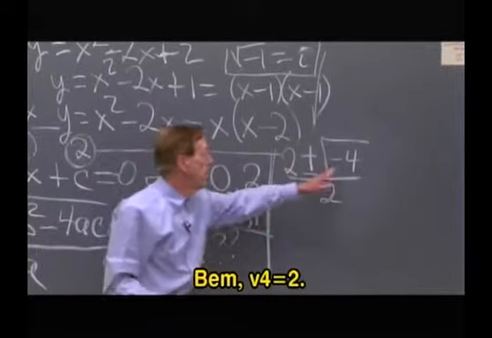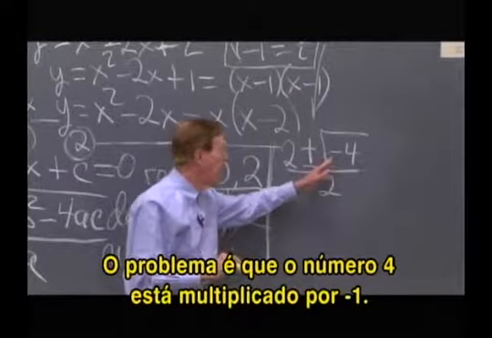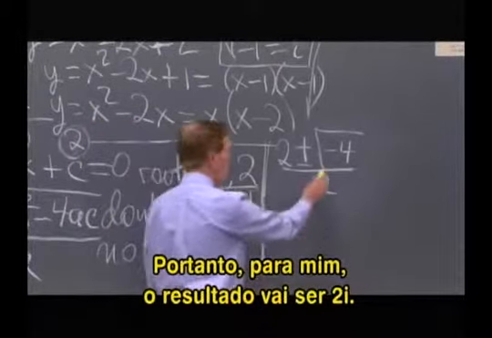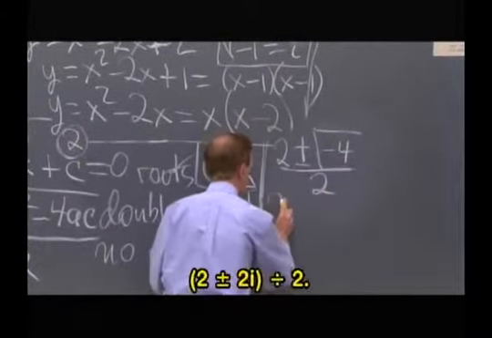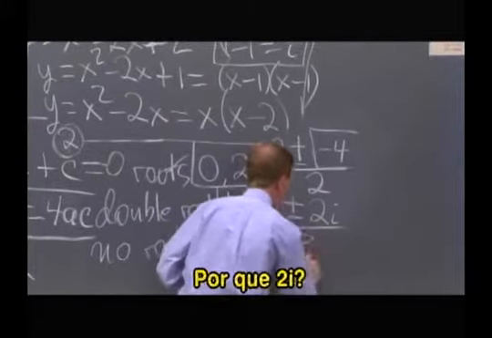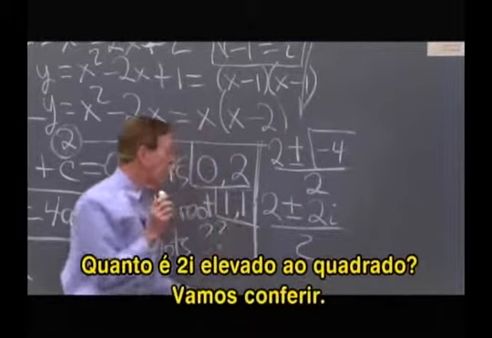Well, the square root of the 4 is 2. It's the minus 1 that's making me imaginary. So this for me is 2i. 2 plus or minus 2i divided by 2. Why 2i? Because if I square, what's the square of 2i?